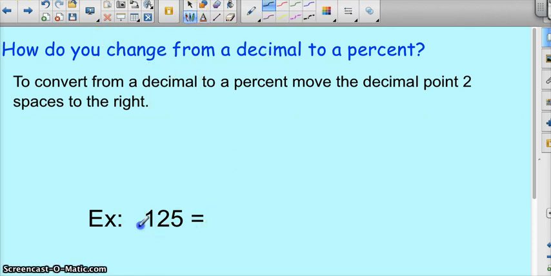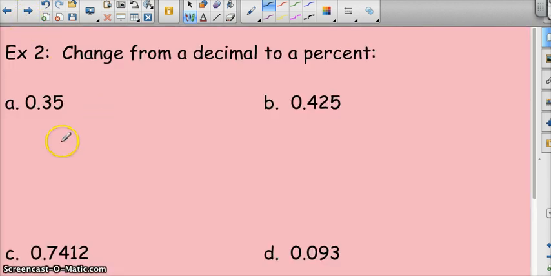All you got to do is move that decimal point 2 spaces to the right and leave it where it is. That's 12.5. Then you throw a percent behind it. 12.5%. Easy, simple stuff. Here we go. Same thing. Move it 2 spaces to the right and call it that number with a percentage after.